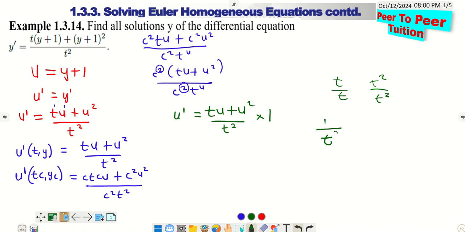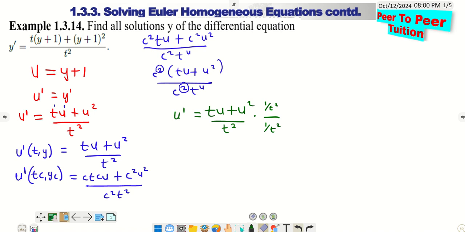So instead of multiplying by 1, I can multiply by 1 over t squared on top, then over 1 over t squared down. All this is the same as 1.